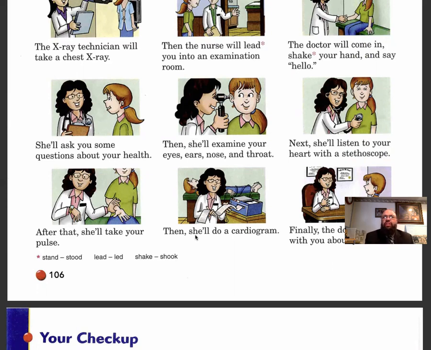Next, she'll listen to your heart with a stethoscope. After that, she'll take your pulse. Then she'll do a cardiogram. Finally, the doctor will talk with you about your health. Excellent.